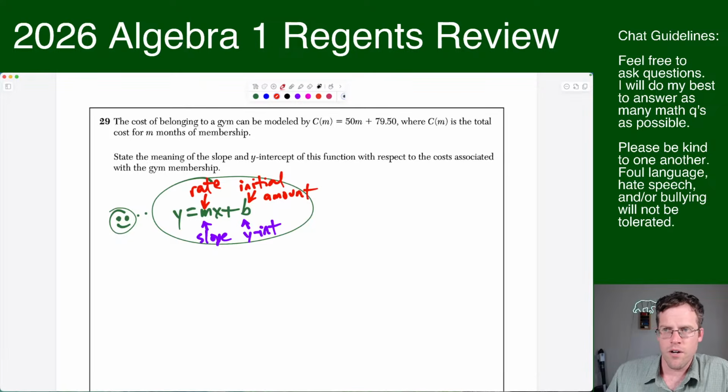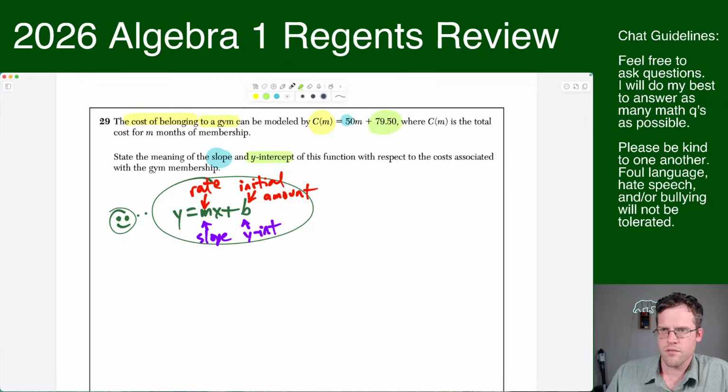So, ready? The cost of belonging to a gym is C of M. C of M is the total cost for M months of membership. And we want to know the meaning of the slope, which is the 50, and the y-intercept.